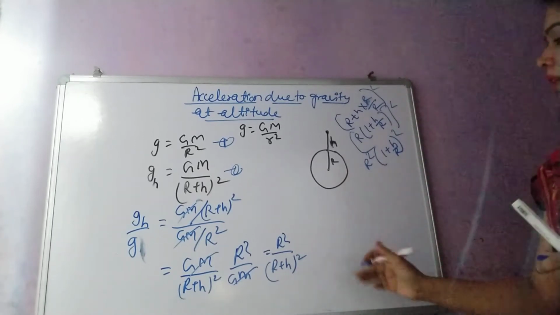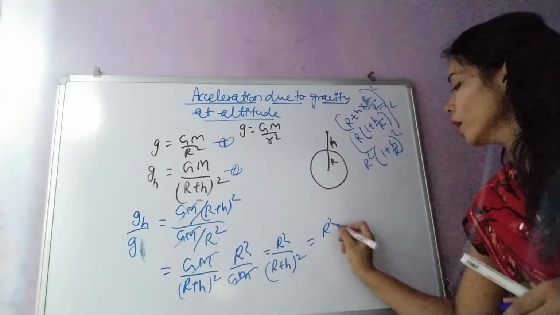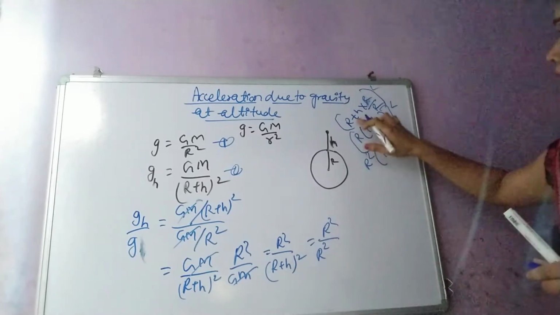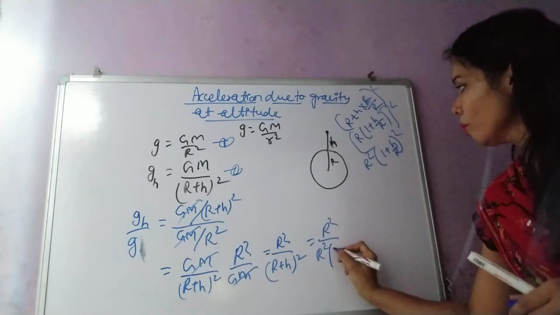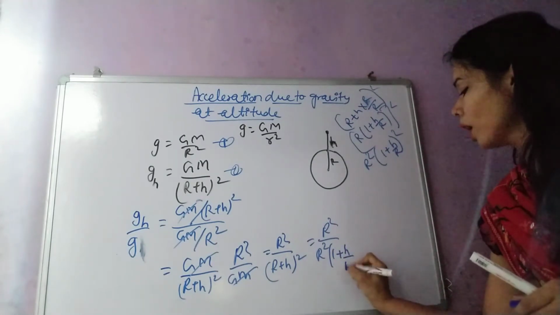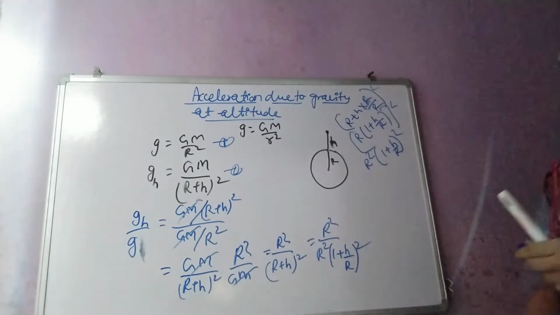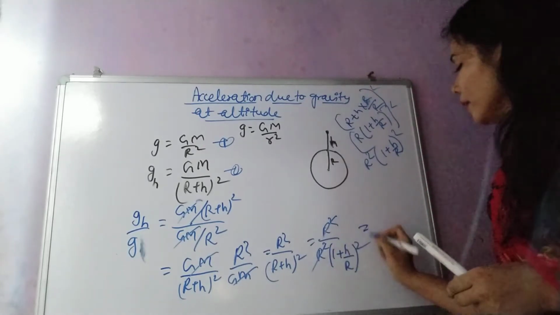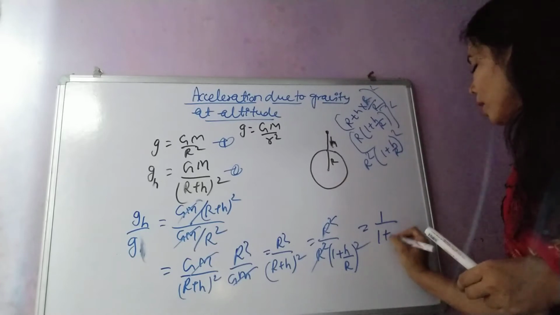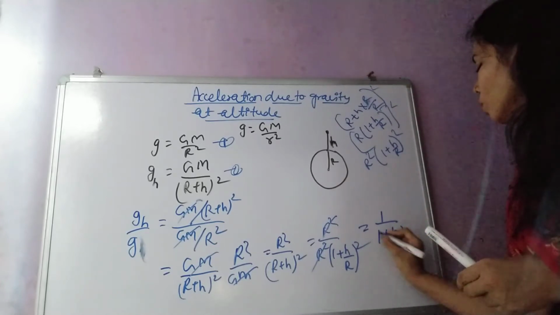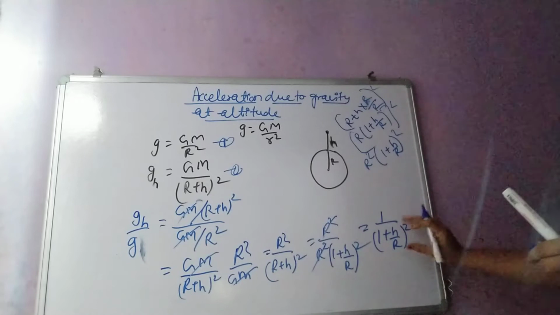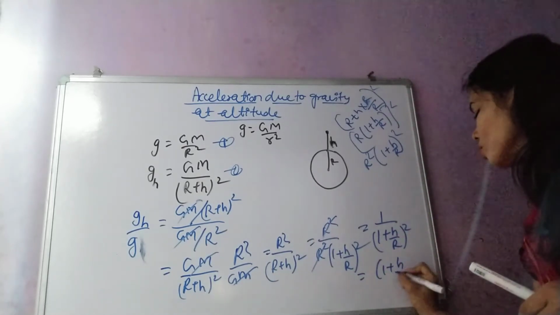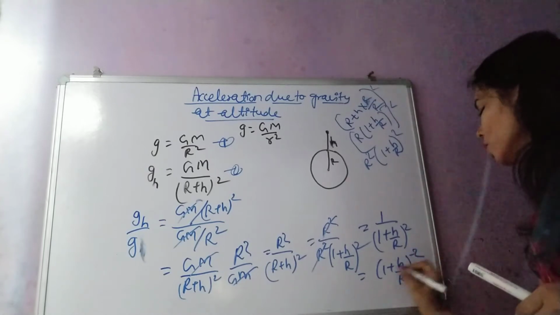So in place of R plus h whole square, we write 1 plus h upon R whole square. Now this R square will be cancelled, and it will be 1 upon 1 plus h upon R whole square. Now you can reverse it, so it will be 1 plus h upon R to the power minus 2.